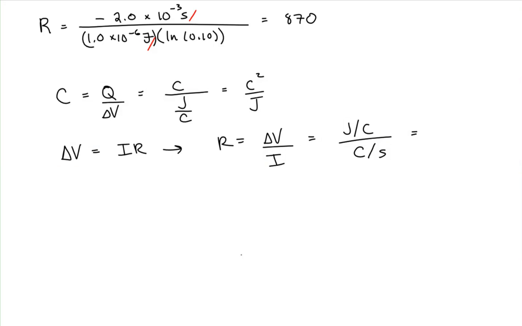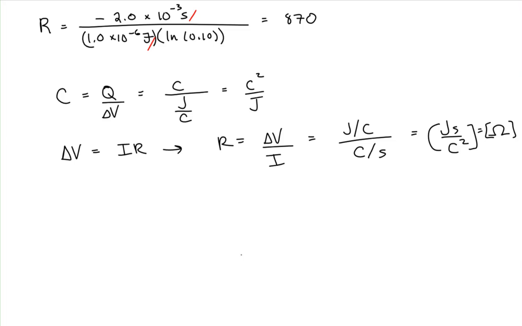So this should be joule second per coulomb squared, if I did that correctly. And that works out to be the unit of resistance. And remember, the unit of resistance is called the ohm.